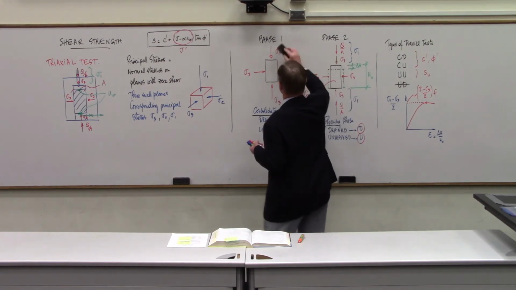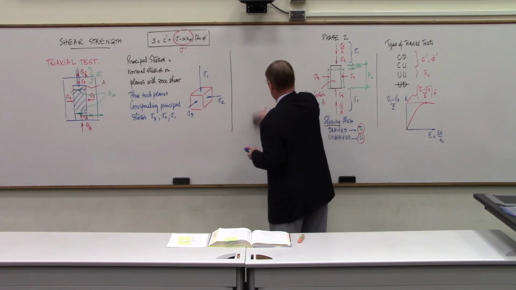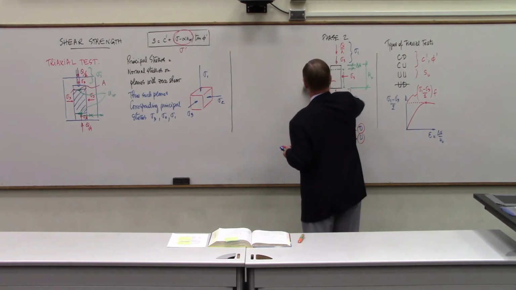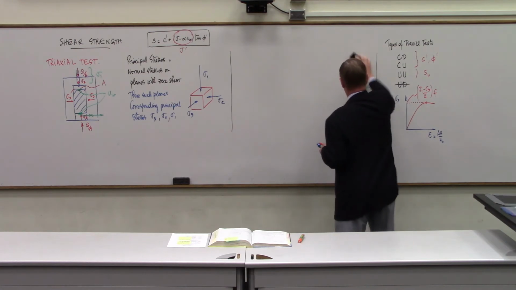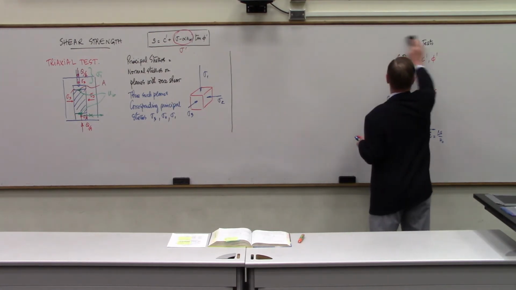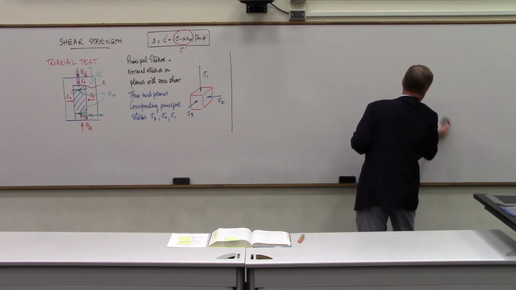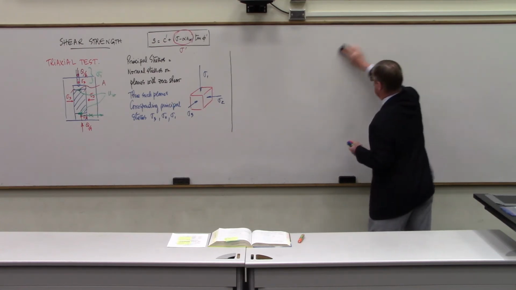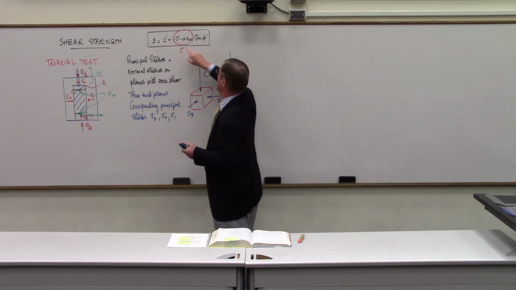Let's do a problem looking at the results of a triaxial test and how we can obtain the properties, because in the end we're interested in this one and this one.